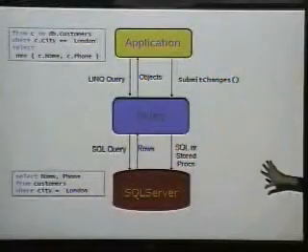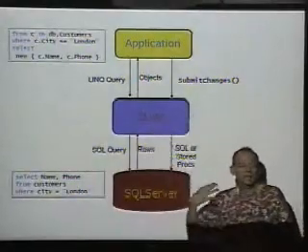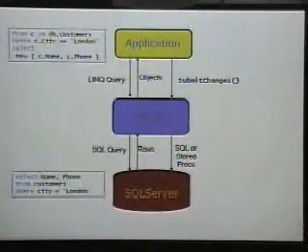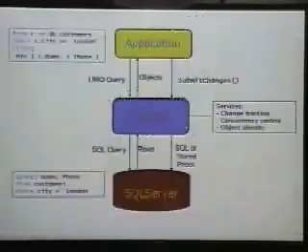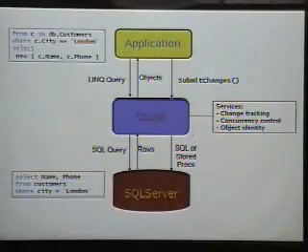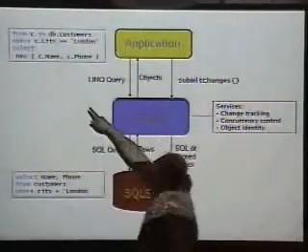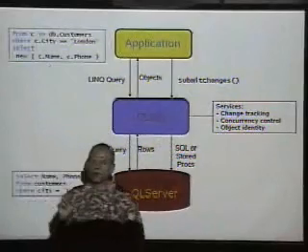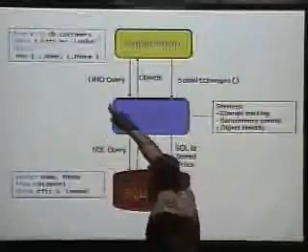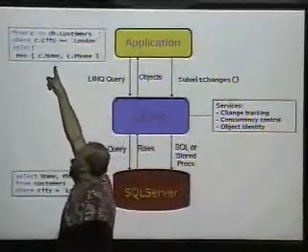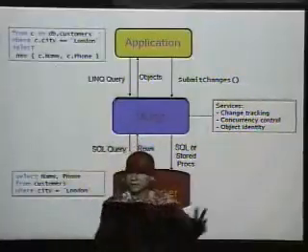DLinq now adds on top of this basic infrastructure support for accessing relational data. So what you do is you write this query, and DLinq uses this fact. Well, first of all, this query here is translated into the standard query operators.